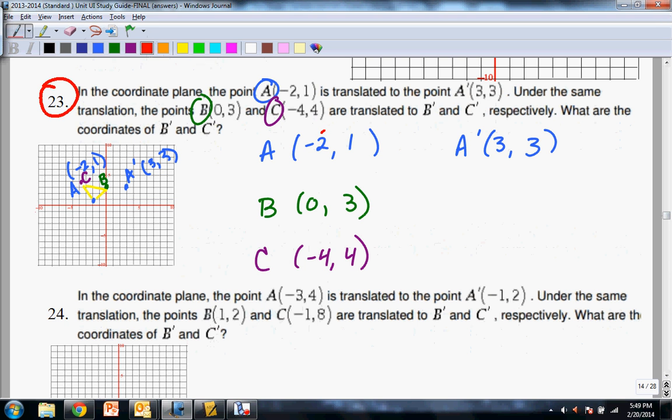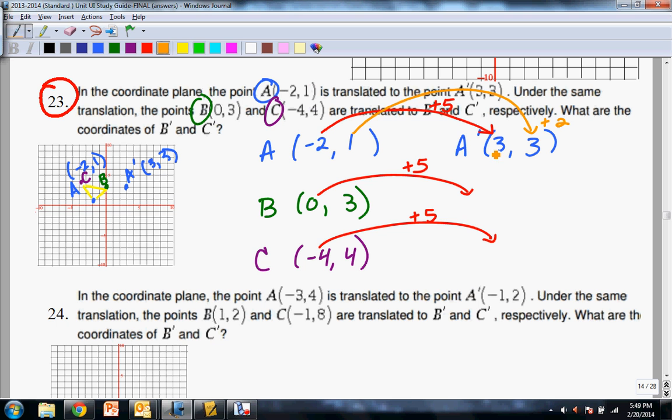So we take a look. From here, negative 2 to 3, we needed to add 5. So for the new coordinates, we add 5 to the x coordinates. And then from 1 to 3, we added 2.